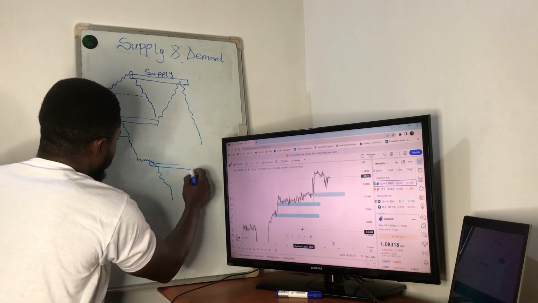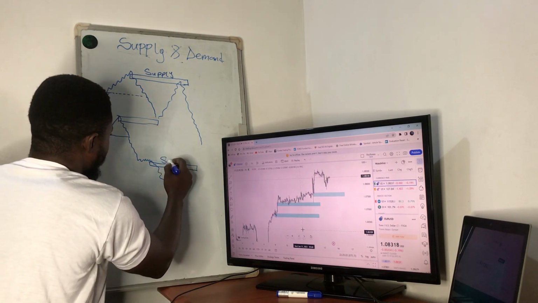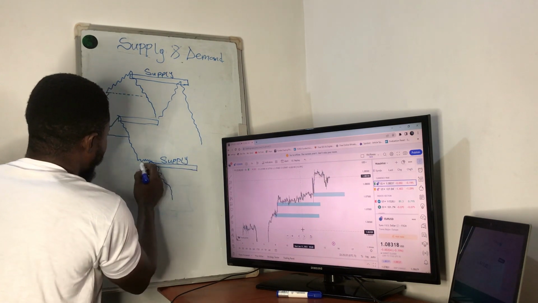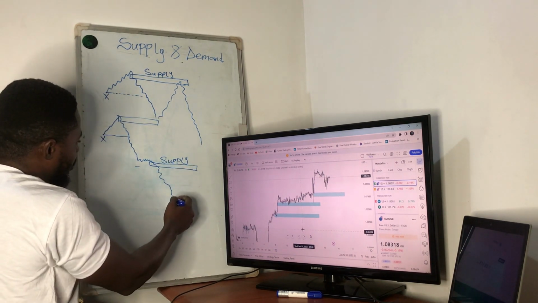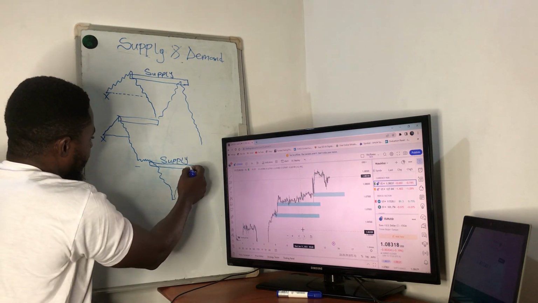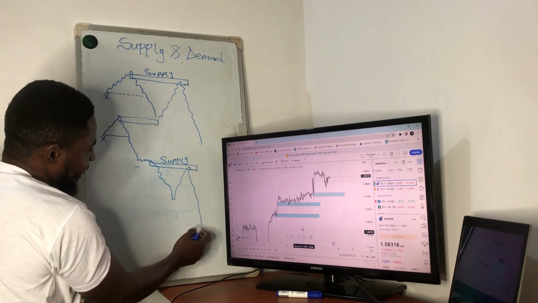Another area of supply can still be formed over here. We had that consolidation over here, and then price fell, and so we wait for price to trade back into here in the future, and then we continue selling it downward.